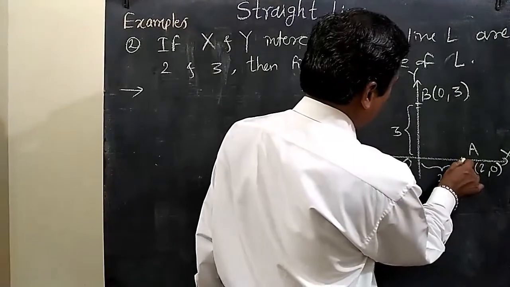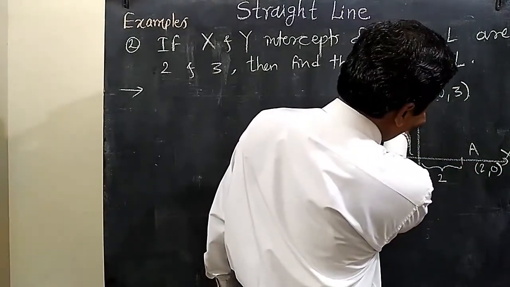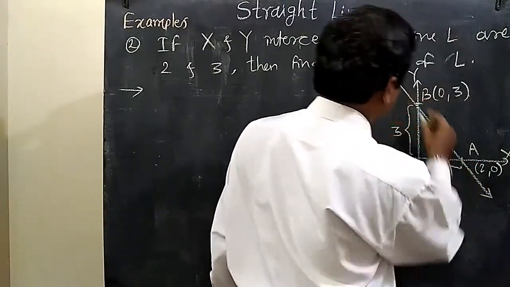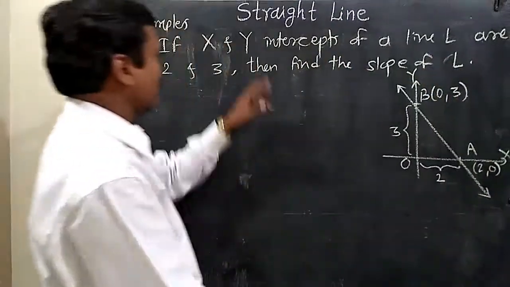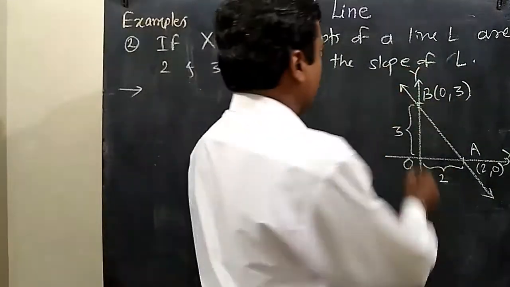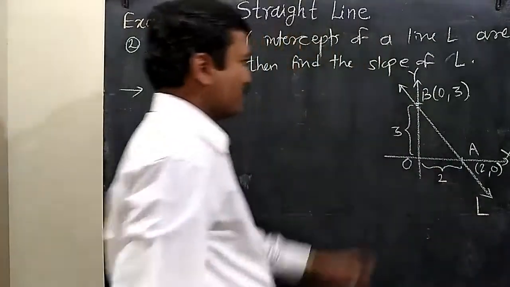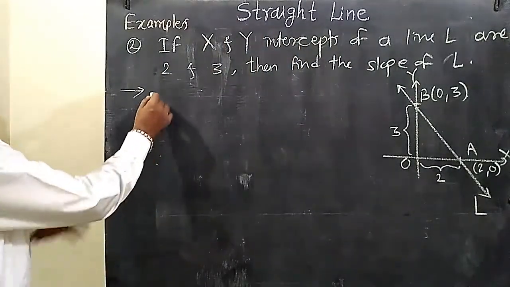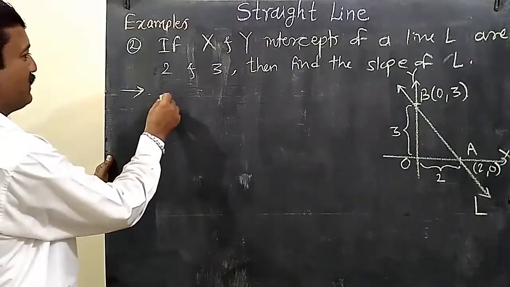So again, we know these 2 points now. We can draw a line passing through these 2 points, and the question is asked to find the slope of this line L. So what to write here?